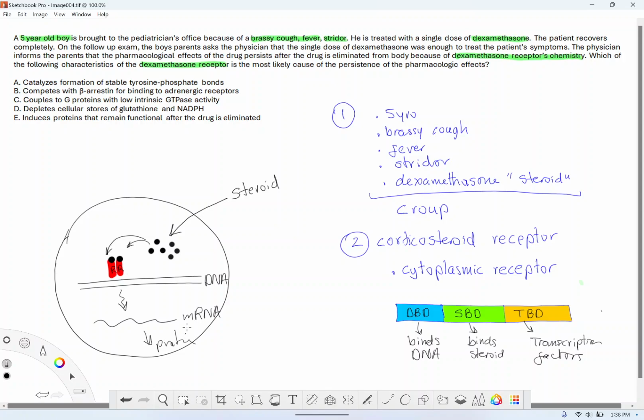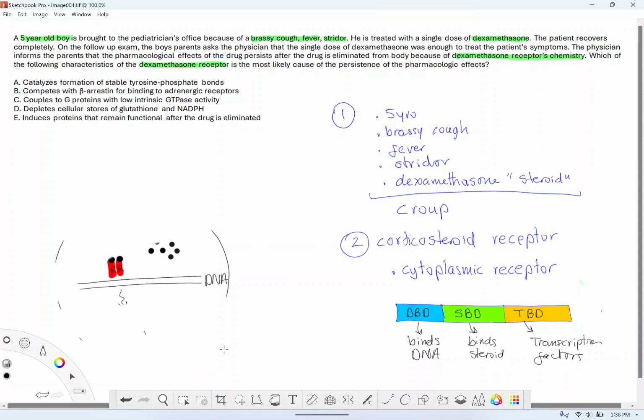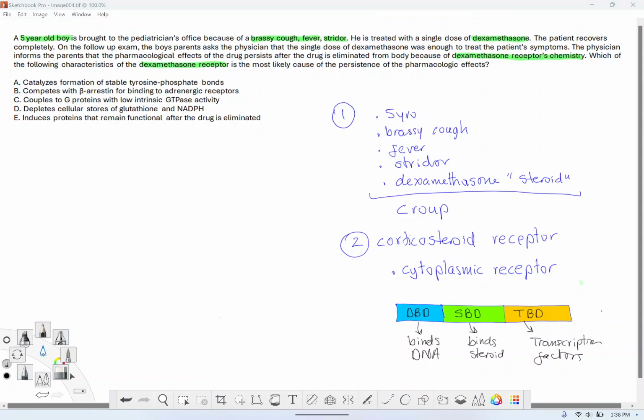But anyways, we need to know simply that this is the mechanism. The proteins that are produced can stay longer, so the half-life of the protein is probably longer than the steroid hormone. In essence, even if the steroid hormone, dexamethasone, was taken just once, its effects are to make new proteins. This protein will cause some physiological function.